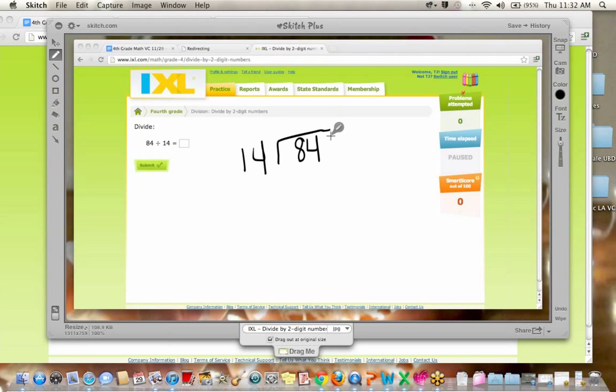Looks like most of you have started working on it, so I'm going to let you do that for a minute. That's fine. There's no remainder, by the way. It does go in evenly.